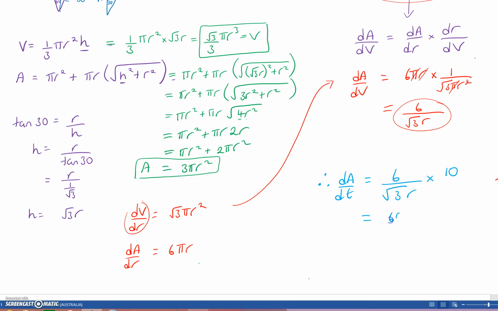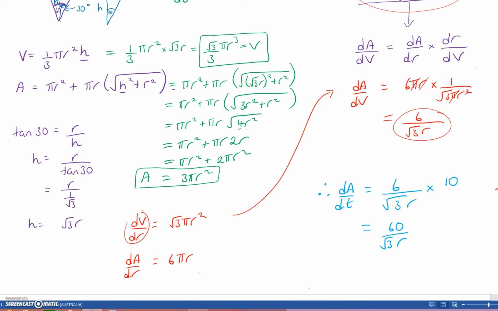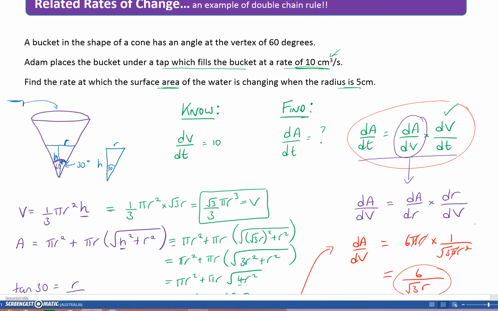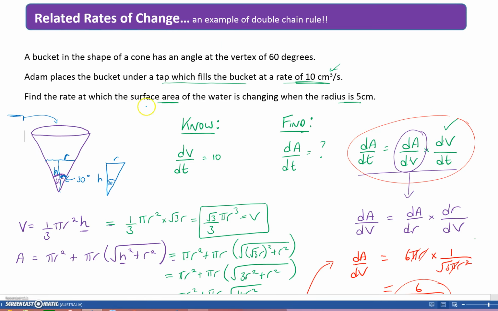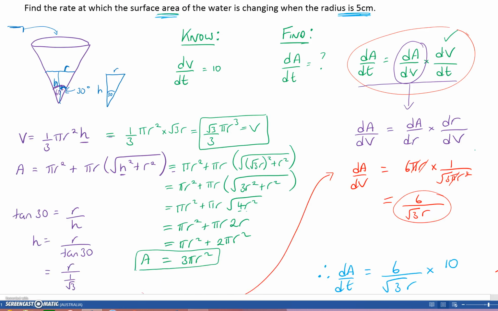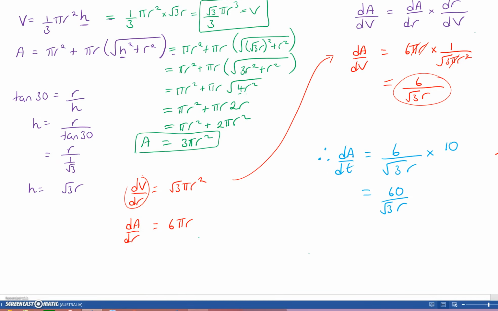So I get 60 over root 3r, and then the original question said, let's come back up here, find the rate at which the surface area is changing when the radius is 5 centimeters. So I'm now going to substitute the 5 for my radius, and I get 60 over root 3 times 5, which is 12 over root 3.